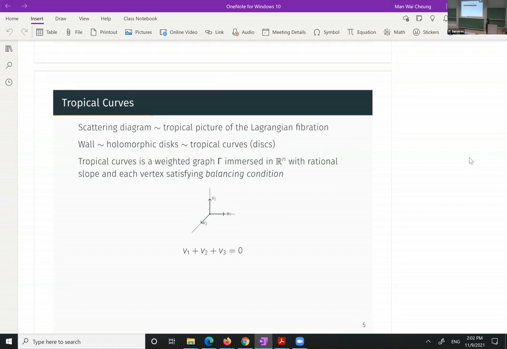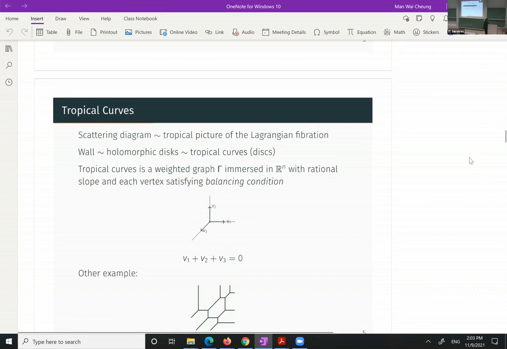But here we look at the primitive vector associated to it, as a hint that there might be some weighting. Let us say the balancing condition is that summing all the outgoing directions gives 0. That is our tropical curve. And then we have some more examples, like this, and we got a bunch of examples yesterday already.